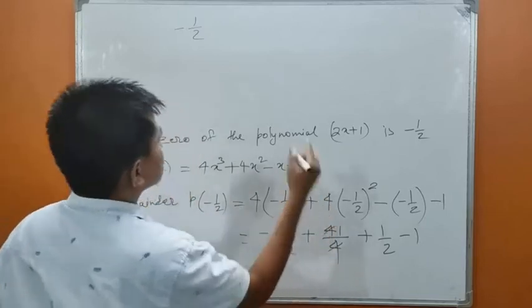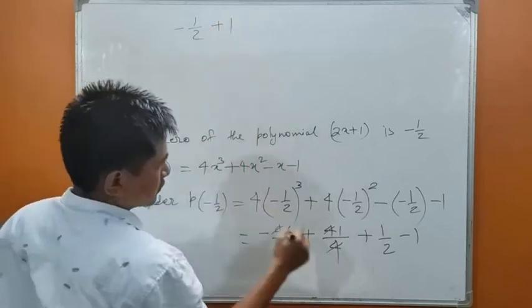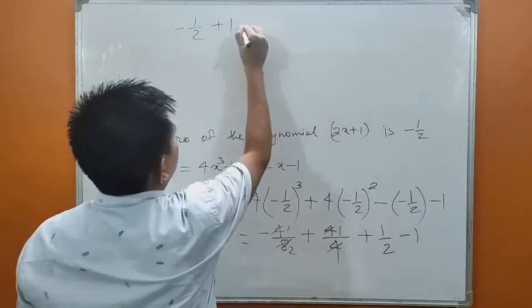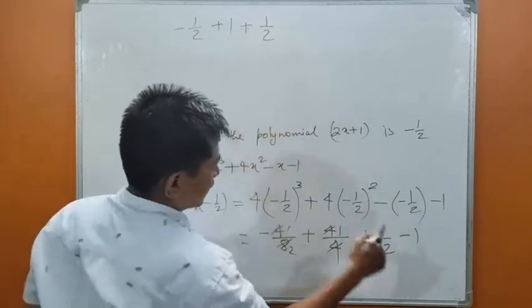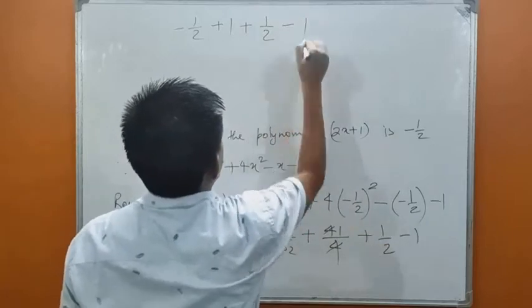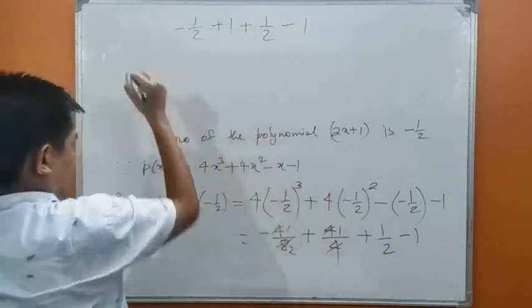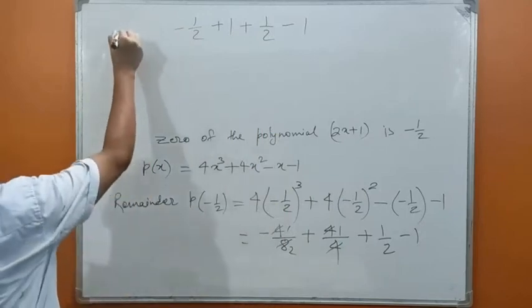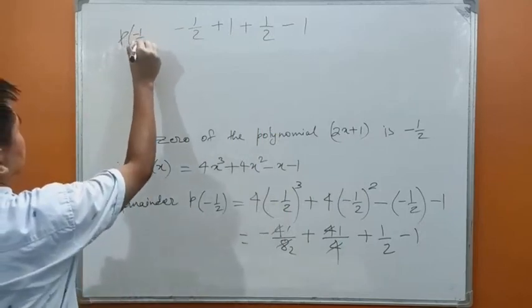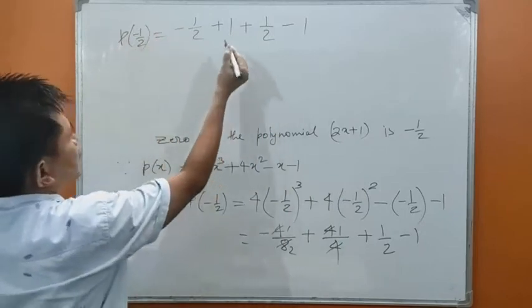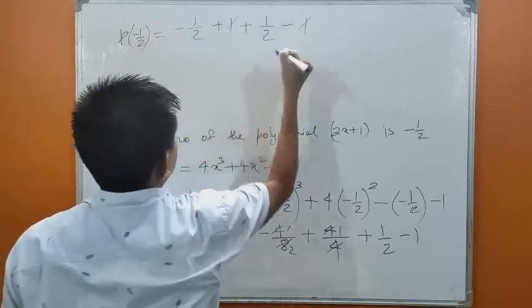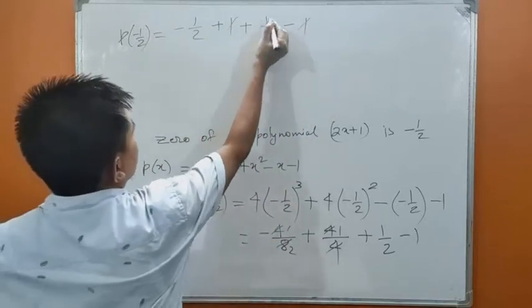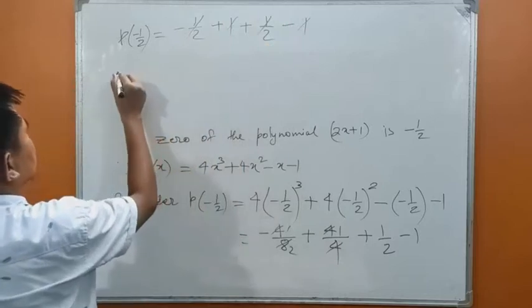So plus 1, plus 1 by 2, and this is minus 1. This is p(minus 1 by 2), isn't it? p(minus 1 by 2) equals this plus 1 and this minus 1 becomes 0. This plus half and minus half also becomes 0.